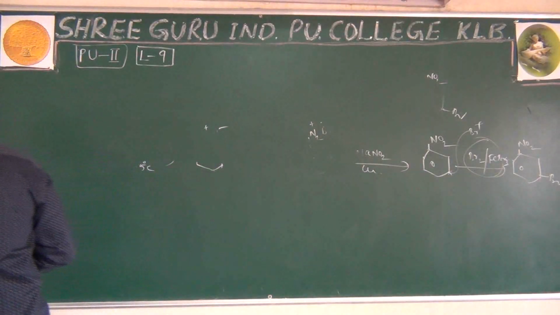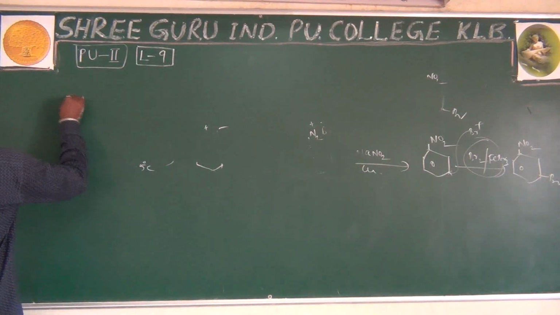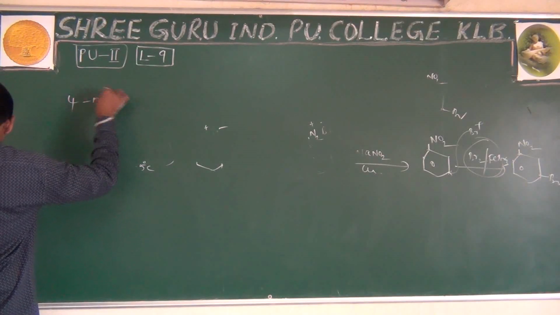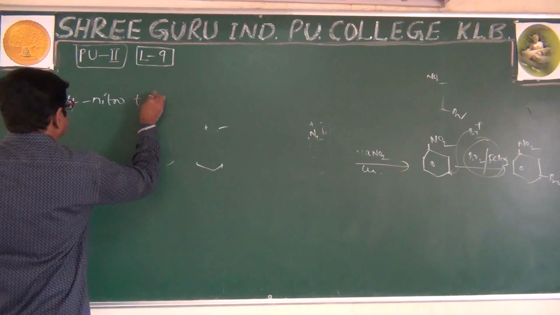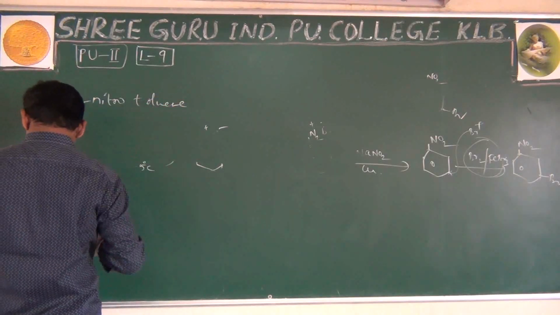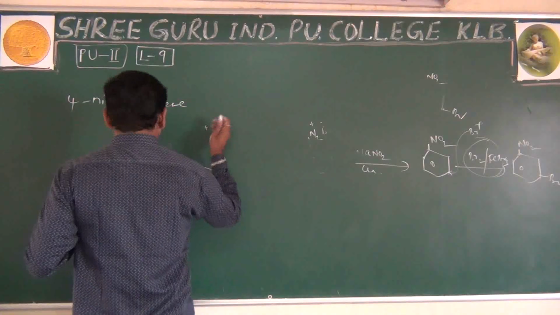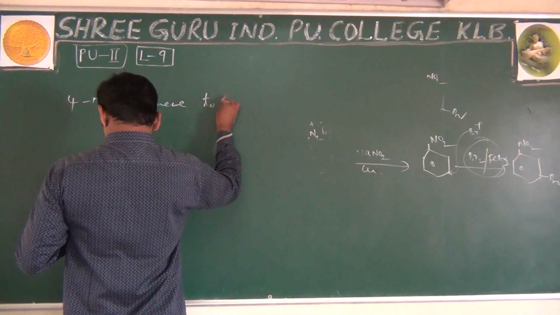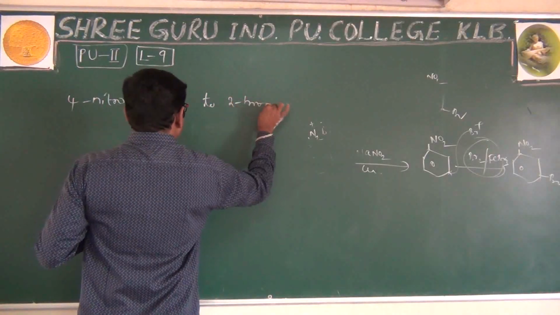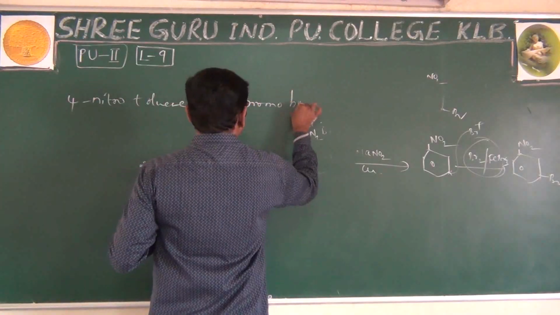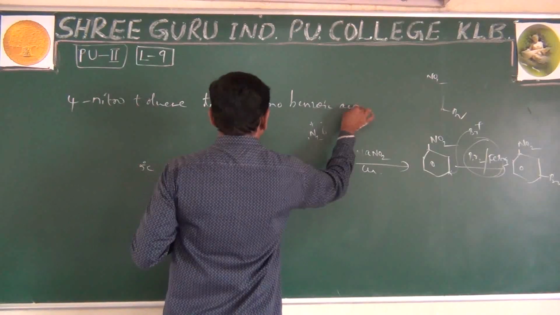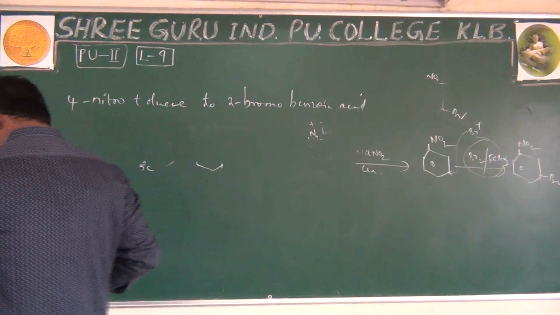Next question is 4-nitrotoluene to 2-bromo benzoic acid.